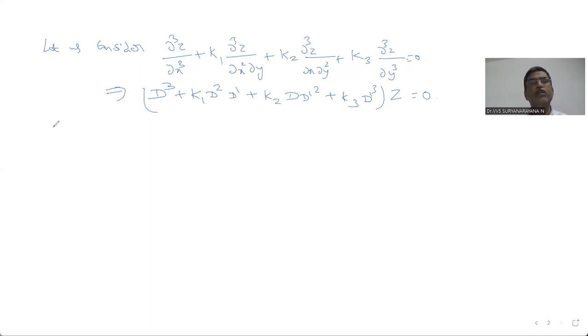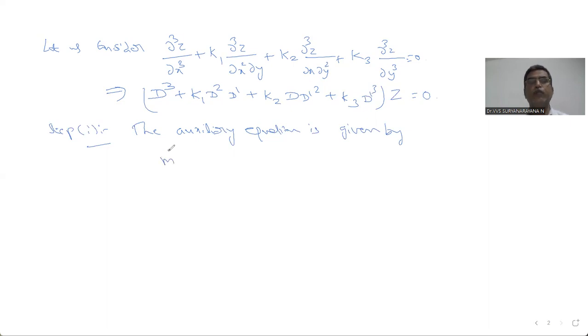Then step 1, complementary function. The process is, first we'll write the auxiliary equation. The auxiliary equation is given by simply putting D equal to m and D' equal to 1.